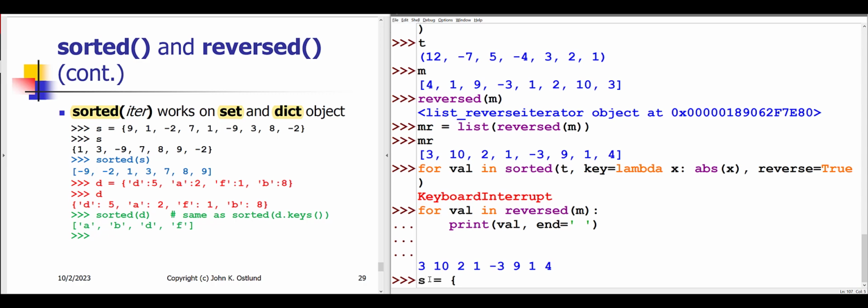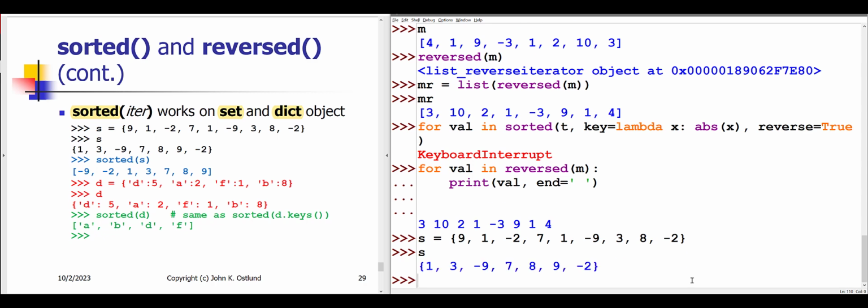So I'm going to create a set containing 9, 1, minus 2, 7, 1, minus 9, 3, 8, minus 2. And I have some duplicates in here, intentionally. I've got 9 appearing just once, 1 appearing twice, minus 2 appearing twice.